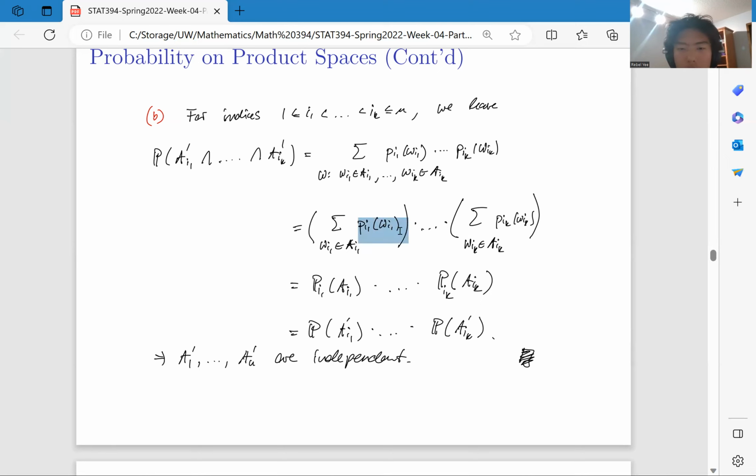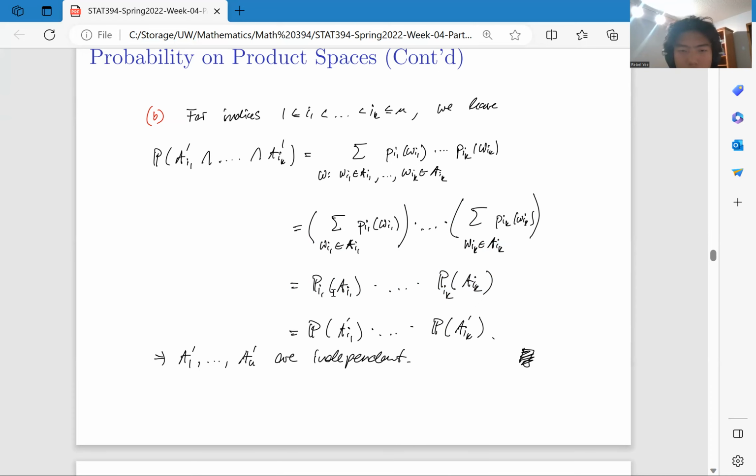And each of these terms is just pi1 Ai1 ... pik Aik. So all of these terms are explainable by a simplification, because this is the definition of the discrete probability measure.